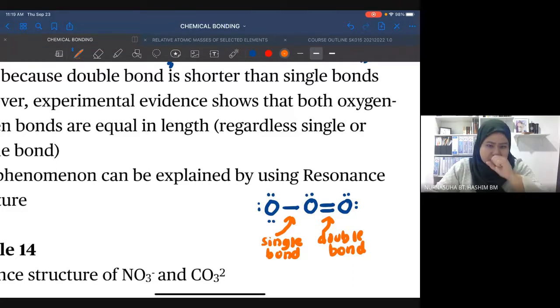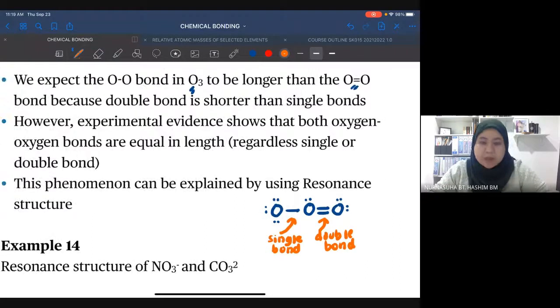Okay. However, when scientists perform experiment, mereka mendapati bahawa bond length, panjang ikatan tu sama. Okay, sama. So situasi ini adalah situasi berkaitan dengan resonance structure.